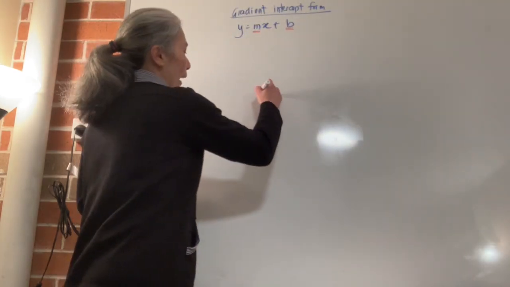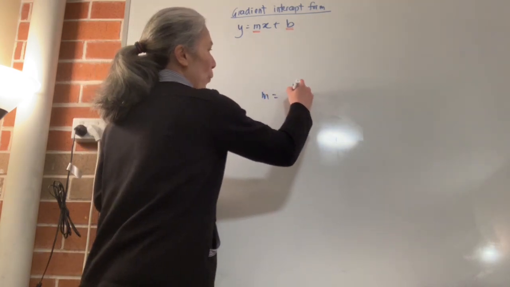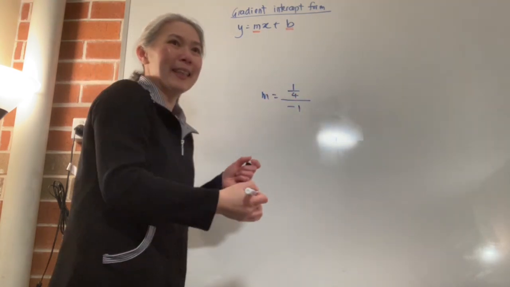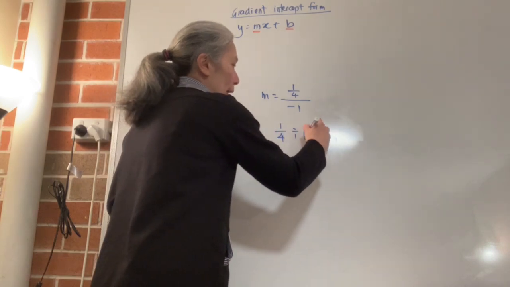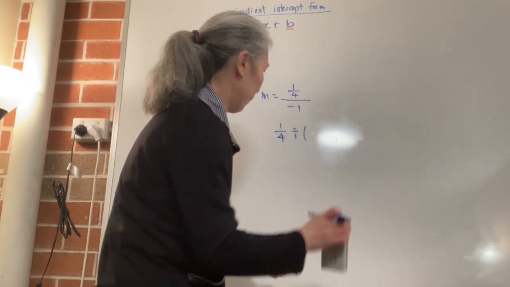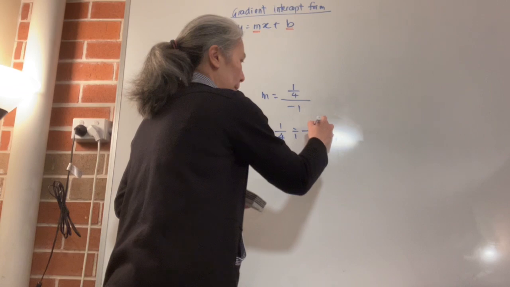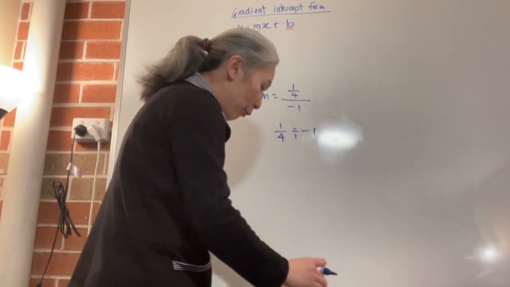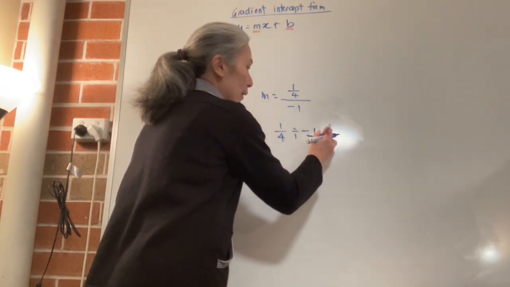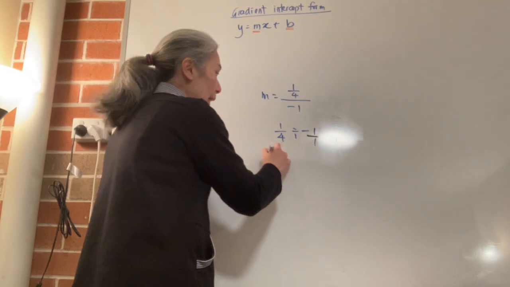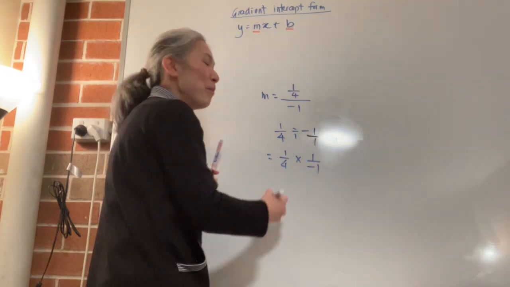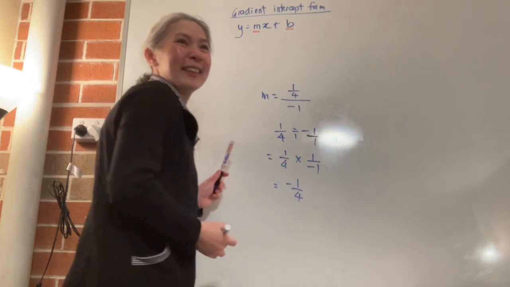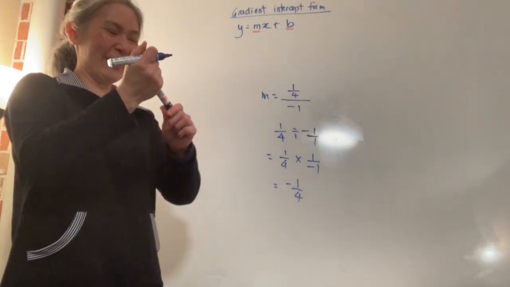You have your n equal to a quarter divided by minus 1. Minus 1 means minus 1 on 1. Then you do your math: flip it around.